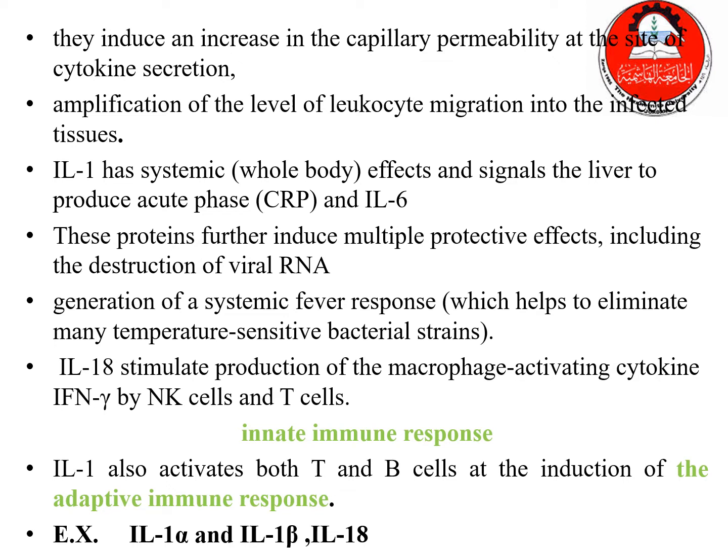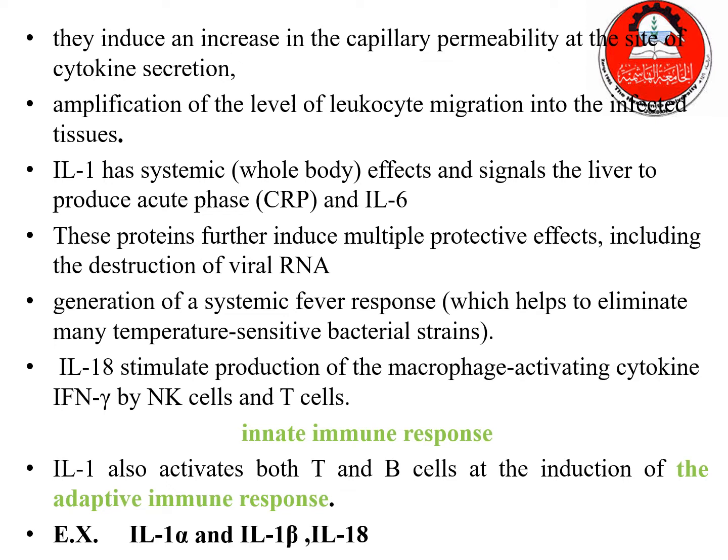So the goal of releasing interleukin-1 is destruction of the viral RNA or the invading pathogen via increasing capillary permeability, amplification of the level of leukocyte migration into the site of infection, and signaling the liver to produce the acute phase reactants such as C reactive protein and interleukin-6.